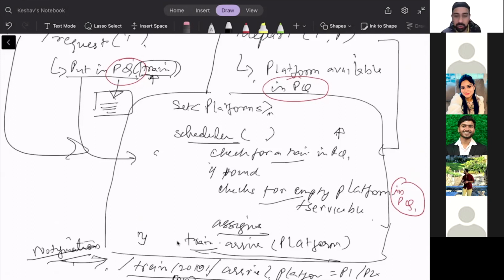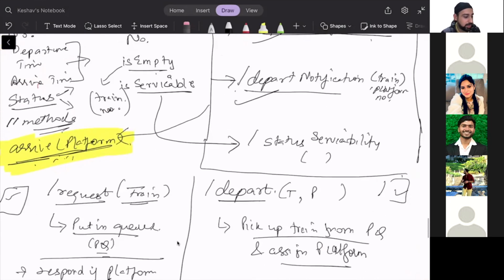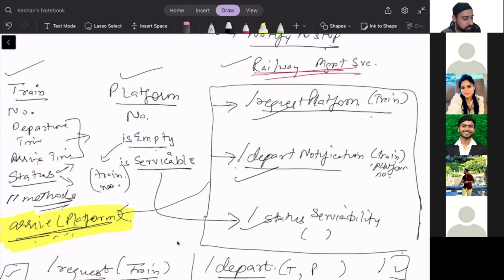You put the platform in a priority queue, and when you check for an empty platform, you know it's serviceable. But when you assign a platform to a particular train, how do you make sure that platform is still serviceable? Okay, so you're saying you assign and the serviceability goes away. Yes, that you have to take care of again.